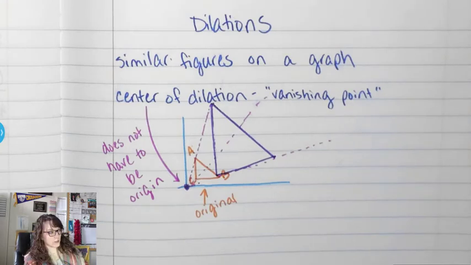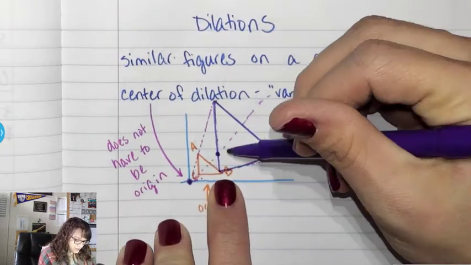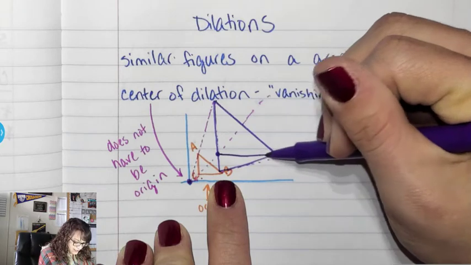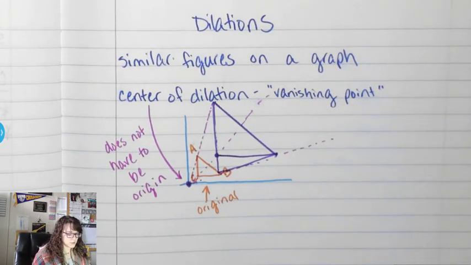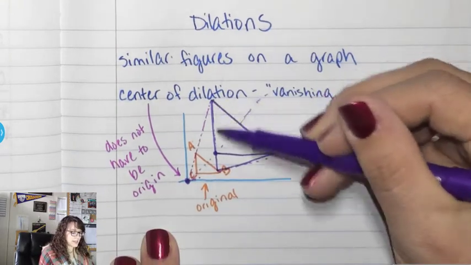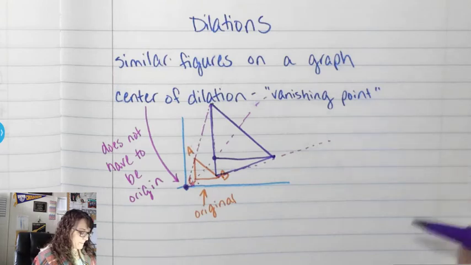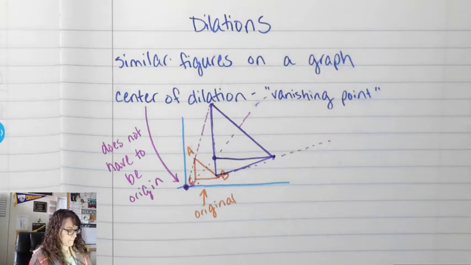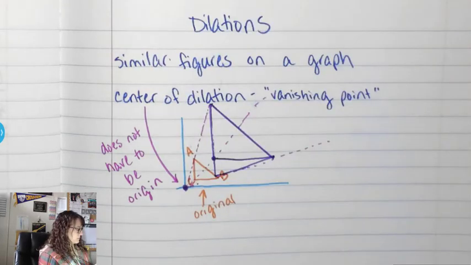So same triangle, just blown up. Oh wait, I messed up. It hits that line, sorry. Then hits that line. So you have to hit each of the 3 lines. It's kind of like what we learned yesterday. We're just putting that on a graph.